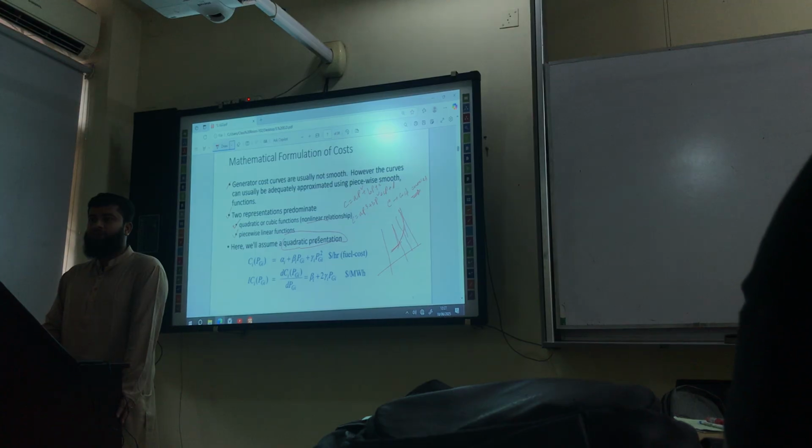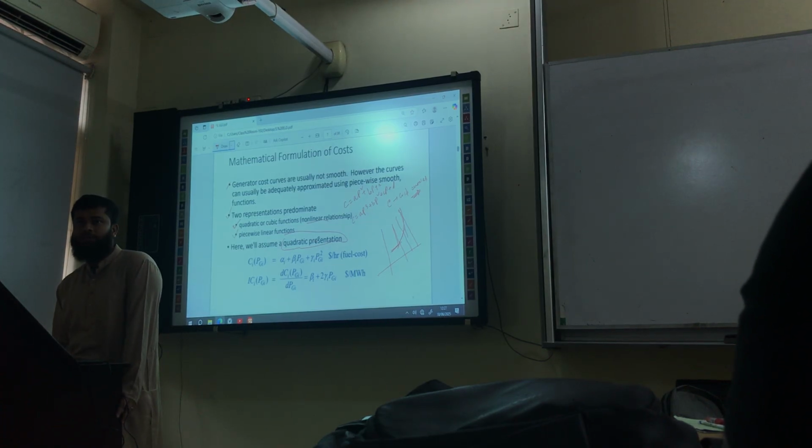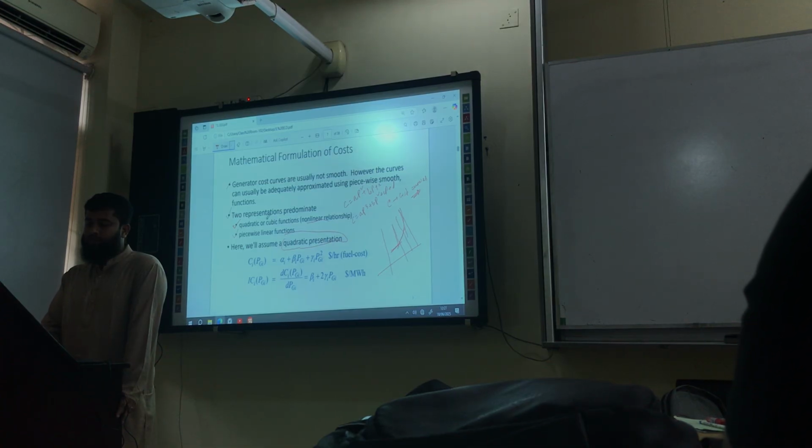That's why I may say in the problem statement of the complex engineering problem that you have to take any representation of cost function other than the quadratic. You can take the quadratic representation, otherwise you can take another. So you will do the literature review, then choose one for yourself. That will be your first step. Obviously there will be lots of steps remaining after that, which you will learn gradually whenever we solve the economic load dispatch problem.